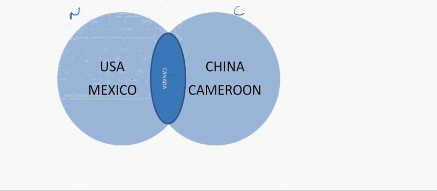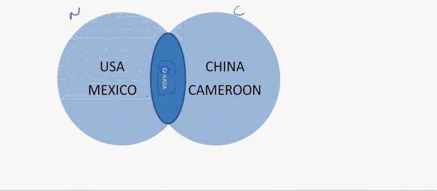It satisfies both the conditions, so it is the intersection point between these two sets. These countries cannot be here, these countries cannot be here, but Canada is part of North America and it starts with C. So this gives you a very brief example of what an intersection means. Similar to this, if I have to say the intersection of these two sets, it is Canada.